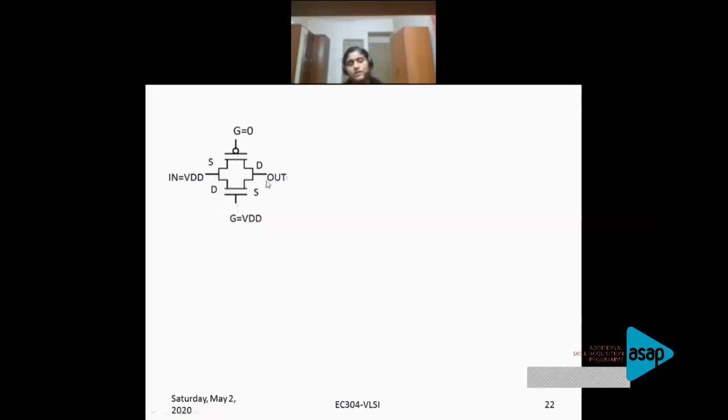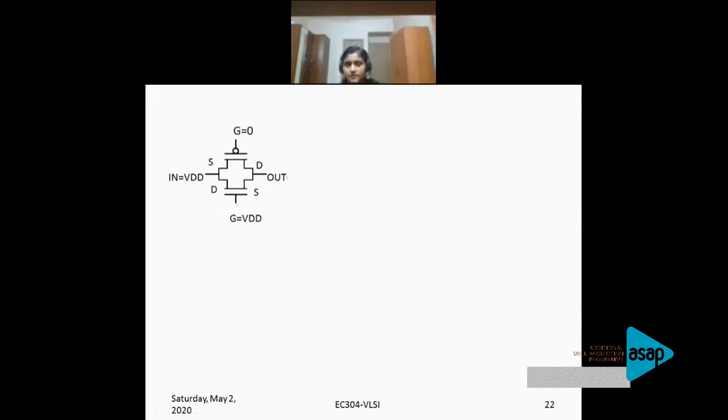So when it is always on, there is a discharge path. This capacitor can entirely discharge through this path to 0. So you will get a perfect 0 here. So this is the path for 0 and this is the path for 1. Thereby you can ensure you are getting a proper 1 and proper 0. I believe it is clear.